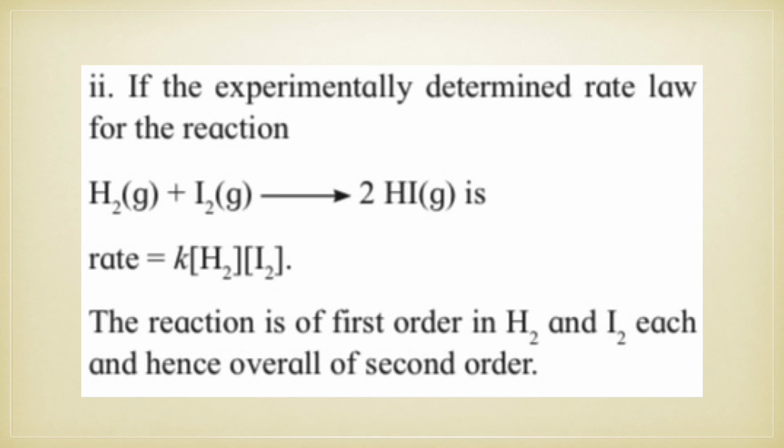Sum of the powers of the concentration terms in the rate law expression. Therefore it will be x plus y. What is x over here? It is 1, and for y, what is y? y is also 1. Therefore x plus y is equal to 1 plus 1, that is equal to 2. Therefore the overall order of the reaction is 2, that is a second order reaction.